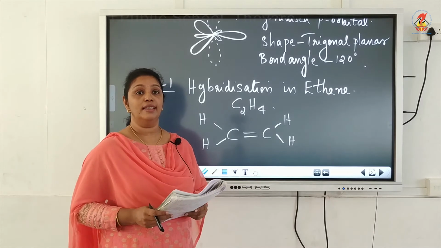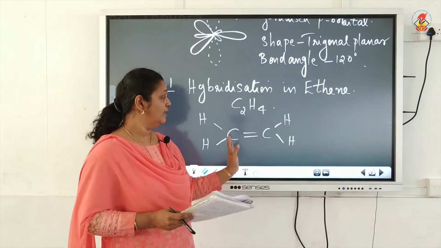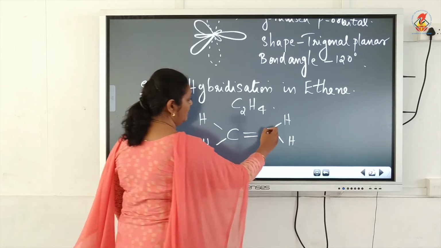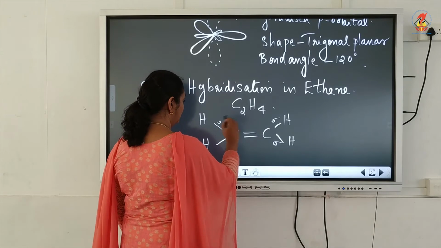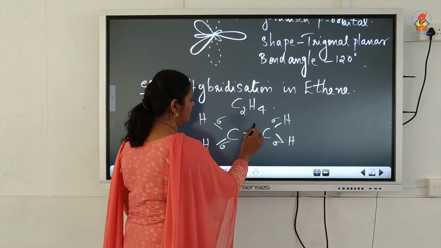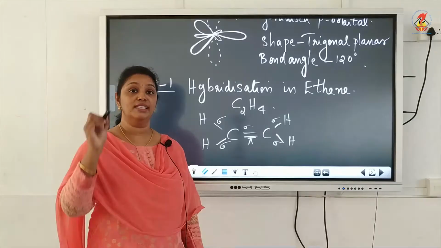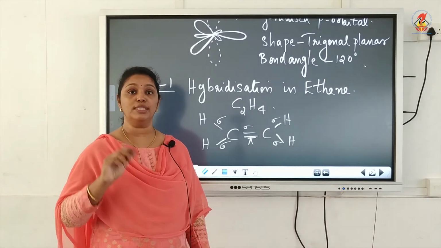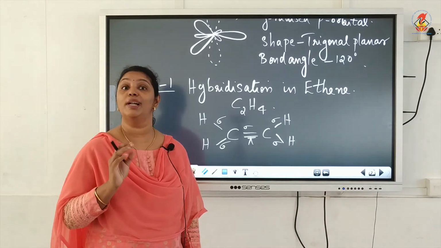Now let us see how these bonds are formed. We know that the CH bond is a sigma bond, this CH bond is also a sigma bond, and there is a double bond between two carbon atoms, out of which one is sigma and the other is a pi bond. We know single bonds are all sigma bonds. A pi bond is formed along with the sigma bond and is observed in multiple bonds.